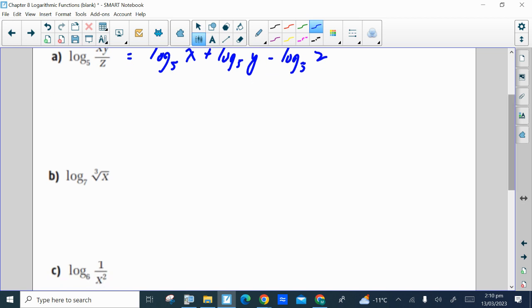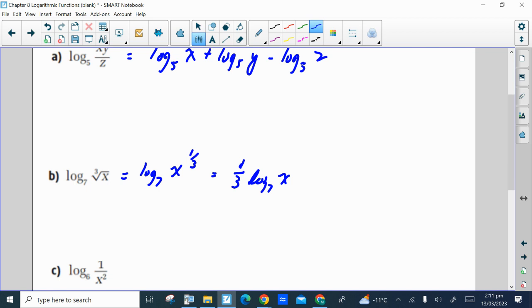like we did there. For question B, I would first write the radical as a power. Cube root of x is the same as x to the 1/3, and then the exponent comes in front as a coefficient, and we've written that one in terms of log x, which is what we're asked to do.